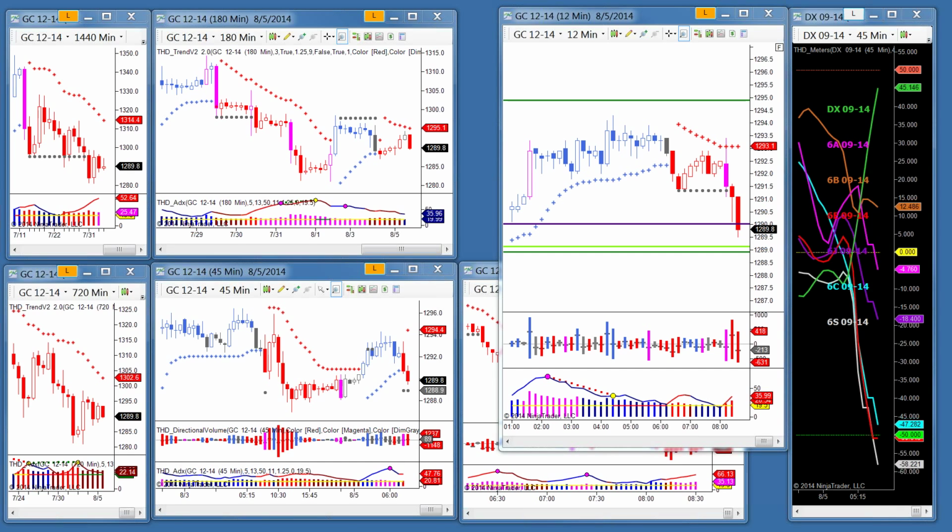I want to use the advantage of risk to reward when I'm trading the spreads. Okay? So does everybody understand that? It just shows you a great way to use the spreads to your advantage.